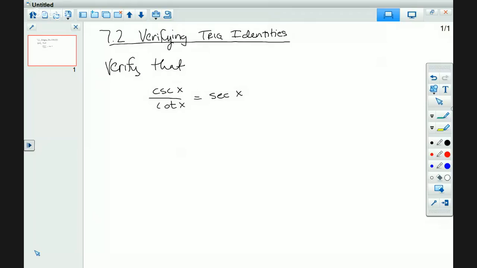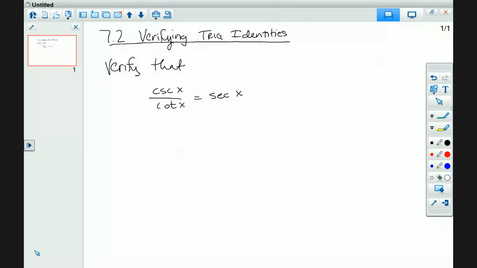So you just have to fill in the middle. It's the same idea. You're just proving the conclusion. So we need to take this, mess with it, and get that.